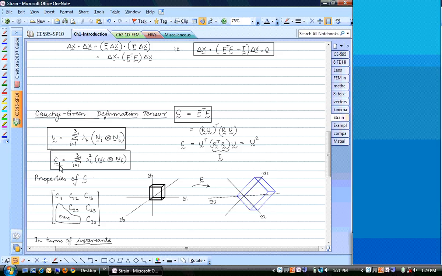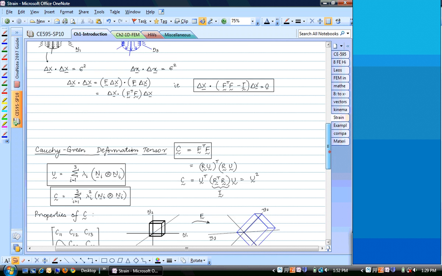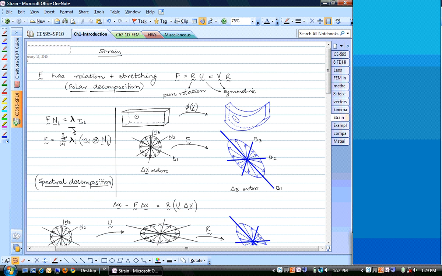The same way, the deformation tensor C can also be represented in terms of eigenvalues and eigenvectors. And the important thing to note here is that the eigenvalues of C are actually the squares of the eigenvalues of U, which are the exact same lambdas that we had in the spectral decomposition of F.